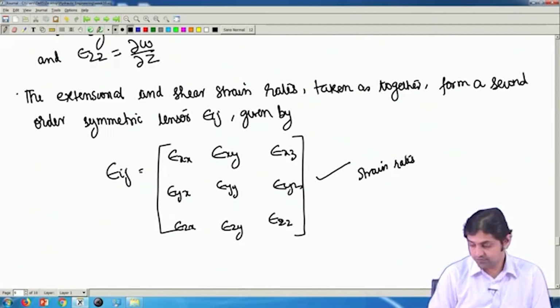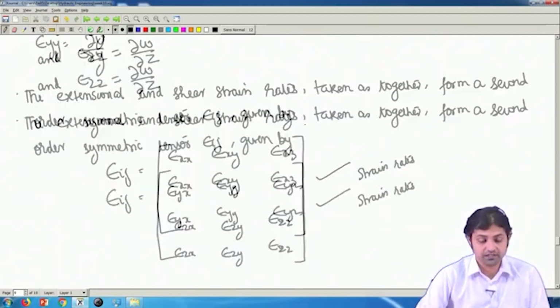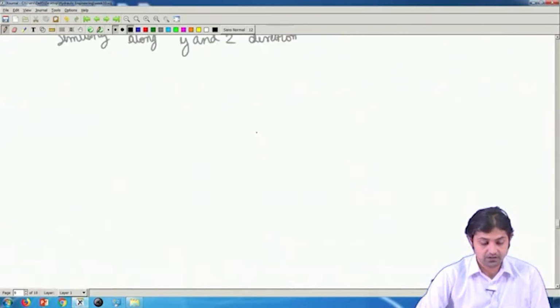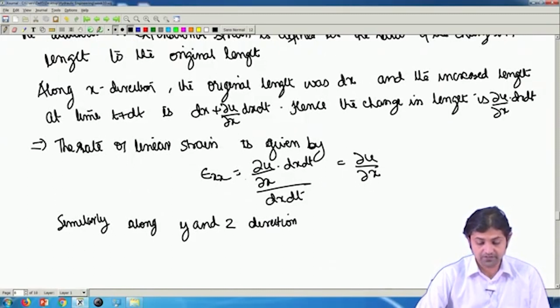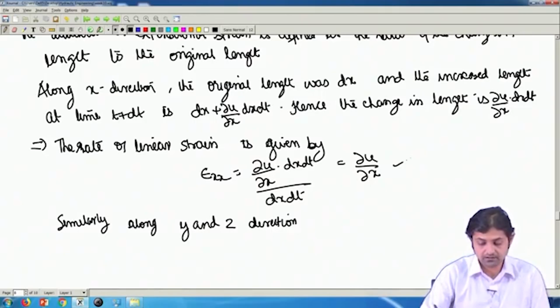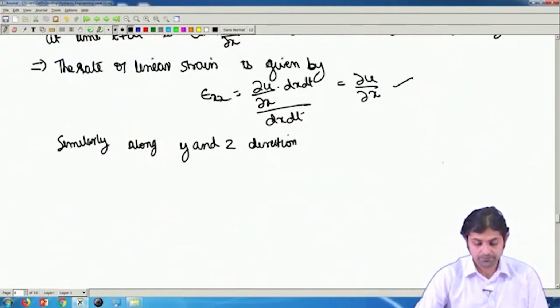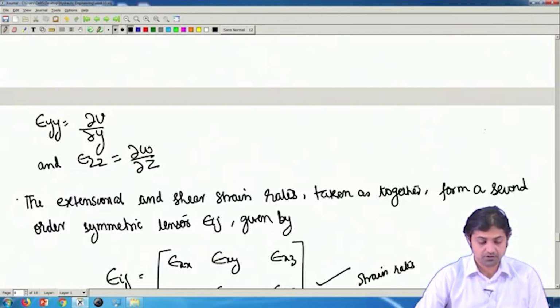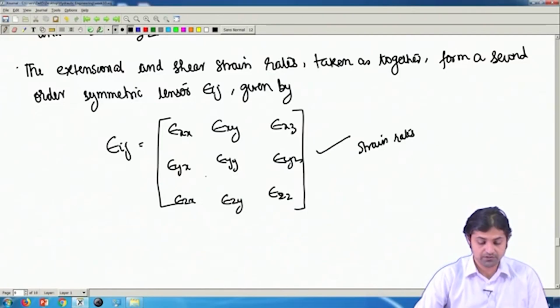and the values of epsilon xx, epsilon yy and epsilon zz we had already derived. Epsilon xx was del u by del x, and similarly epsilon yy was del v by del y and epsilon zz was del w by del z.